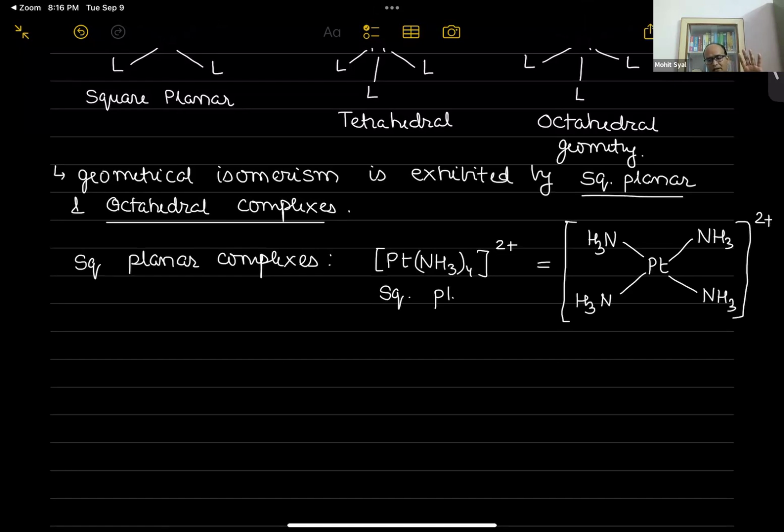If we try to interchange them, it will not result in any new isomer. It is because all four groups are the same. Even if you change them, it doesn't matter at all.